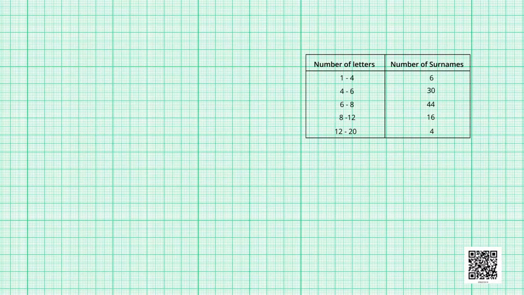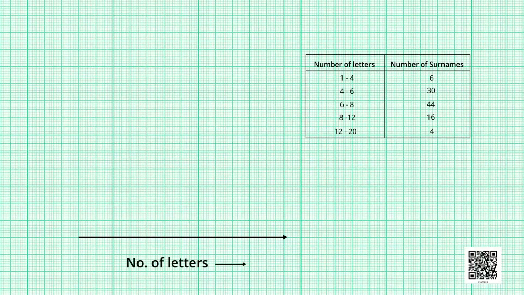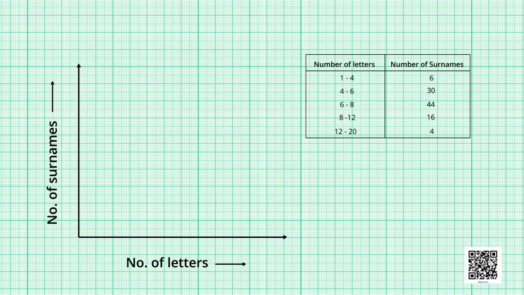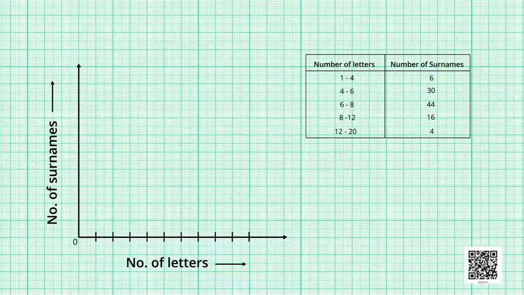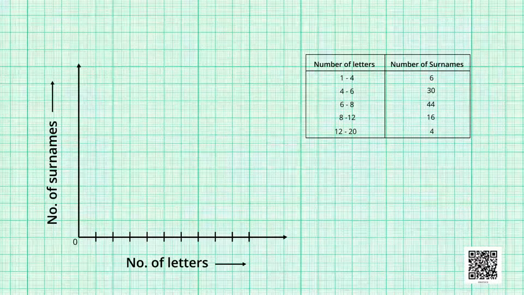Children, let us try to draw a histogram for this. Clearly, horizontal axis will be taken to represent the number of letters and vertical axis will be taken to represent the number of surnames. Since the number of letters are represented by the groups of 1 to 4, 4 to 6, 6 to 8, 8 to 12 and 12 to 20, we can take a scale of 1 unit is equal to 2 letters on horizontal axis.